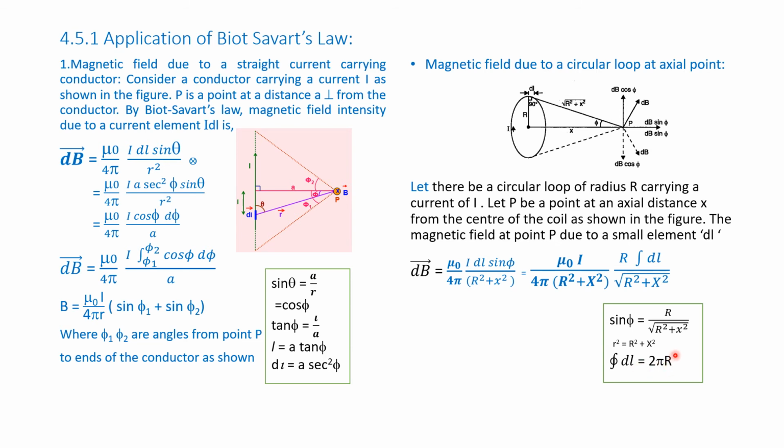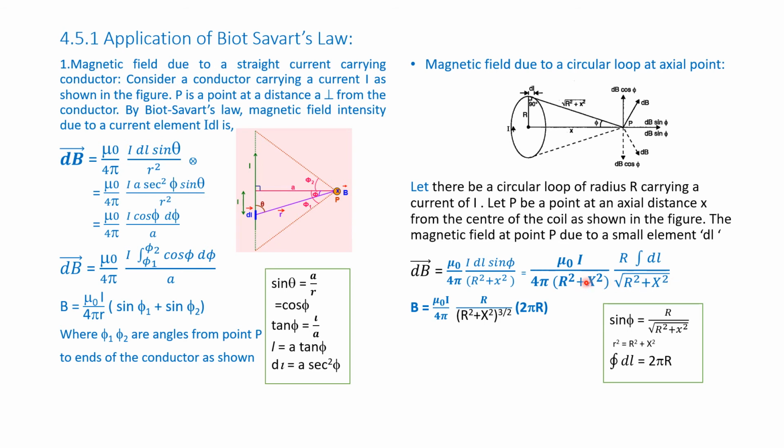So we are substituting dl as 2 pi r in our equations. Please remember this, it will be helpful in analyzing it. Hence B is given, integrating we will get integral of dB is equal to B into mu naught I over 4 pi into r divided by r square plus x square, this r square plus x square, these two, this is r square plus x square to the power half, it becomes 3 by 2.